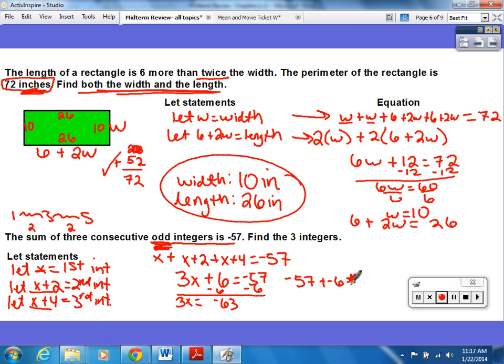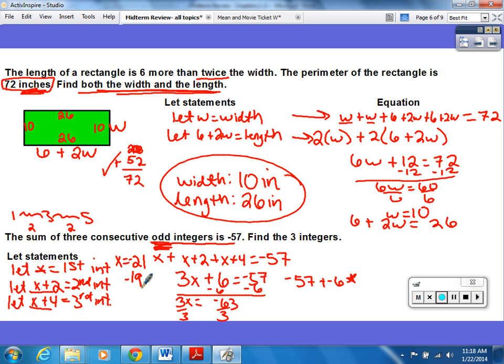That's a really important thing for us to remember. We divide both sides by 3. I'm a little bit out of room here, so let's move up this way. And x is equal to negative 21.